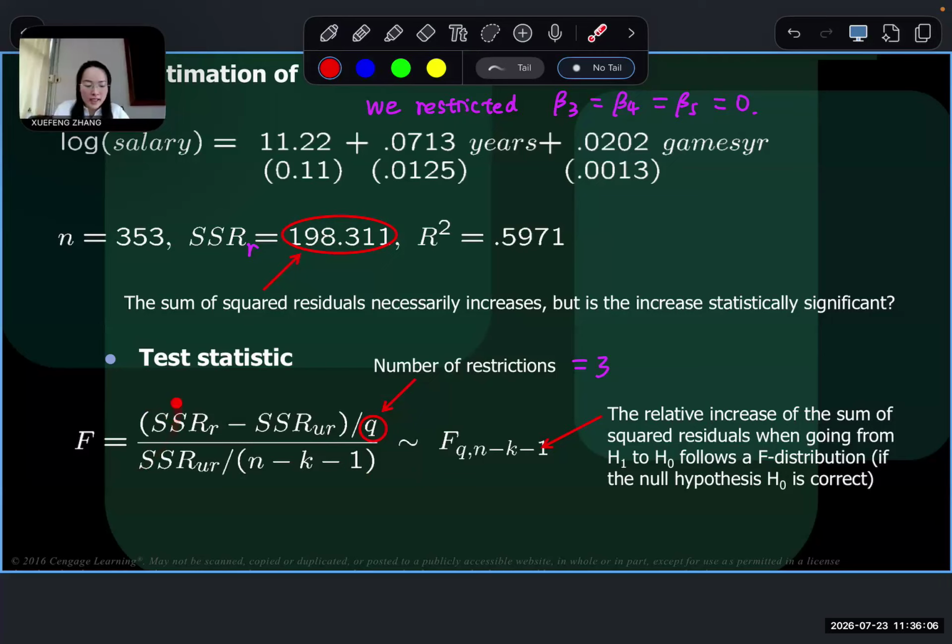And this F statistic follows the F distribution. Have you learned the F distribution? The relative increase of the sum of squared residuals when going from H1 to H0 follows an F distribution.